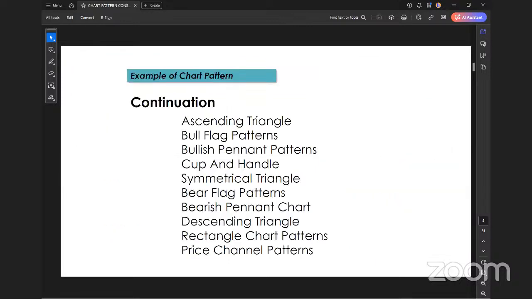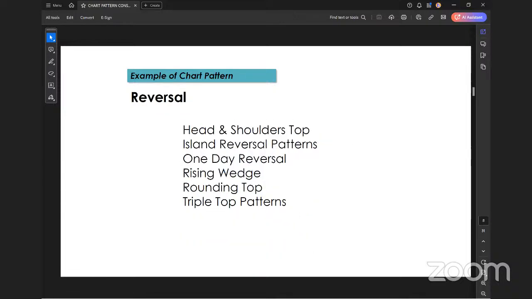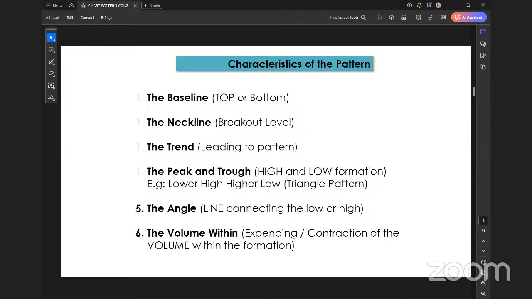Chart patterns: we have continuation patterns and we also have reversal patterns. The characteristics of chart patterns: first, the baseline. Number two is the neckline, because the neckline determines the breakout level and gives you the indication.